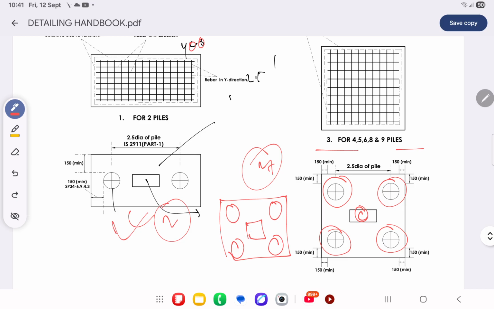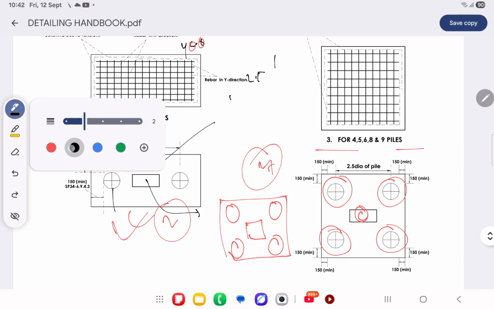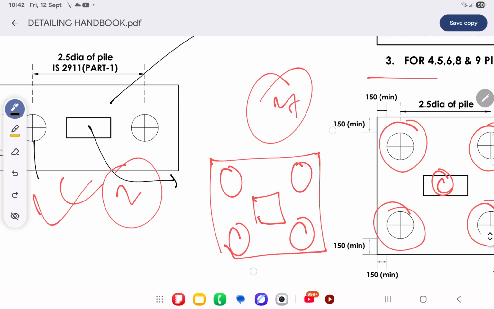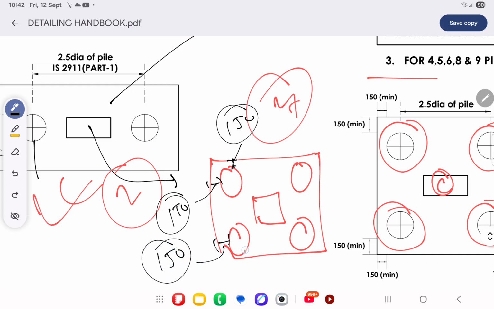So the distance between these two, how much? 150 mm here, from here to here also 150 mm. Like this, here also you have to provide 150 mm, and this distance also 150 mm.